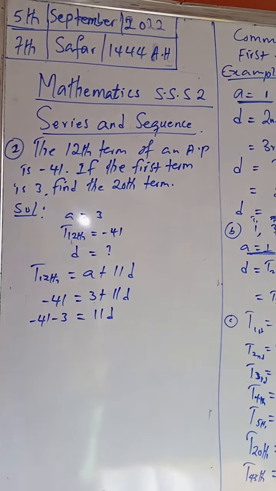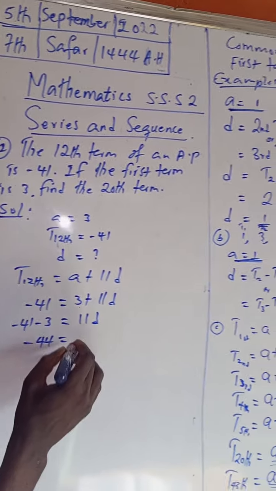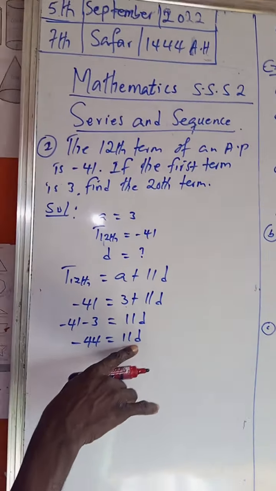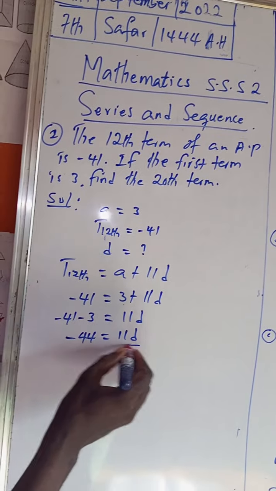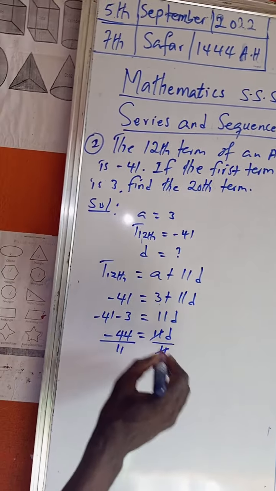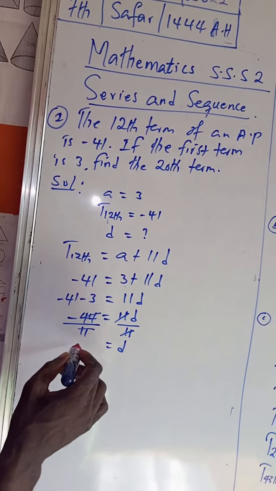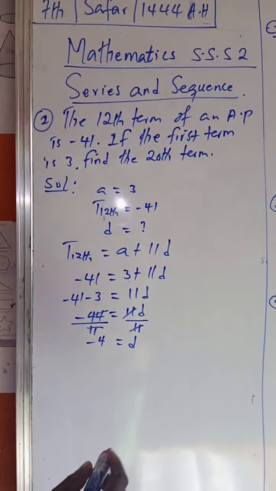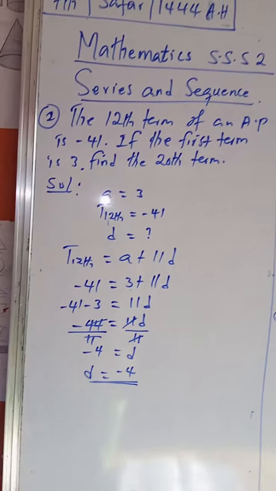Subtracting gives me minus 44, which is equal to 11d. So I divide both sides by 11 in order to eliminate this and get my d. It will be minus 4. So my common difference d is minus 4.